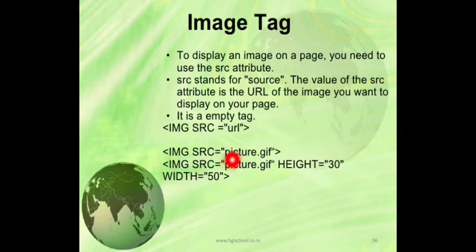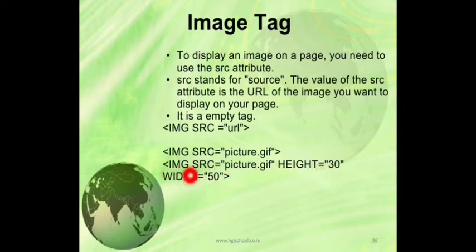So here img src picture.gif, and then two more attributes are there, height and width. Height is used to set the height of the image, and width is used to set the width of the image. So you can see three attributes are written separated by space.